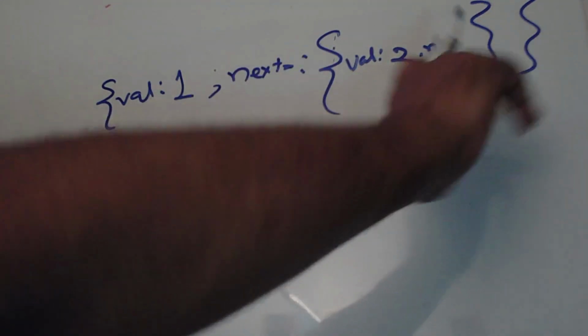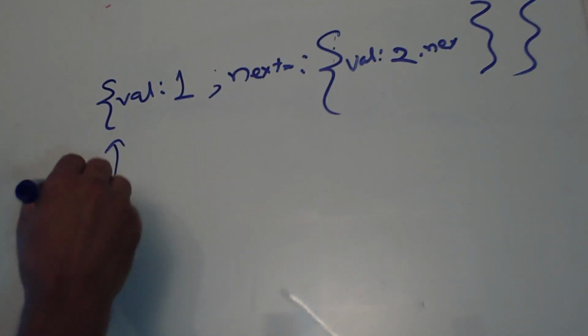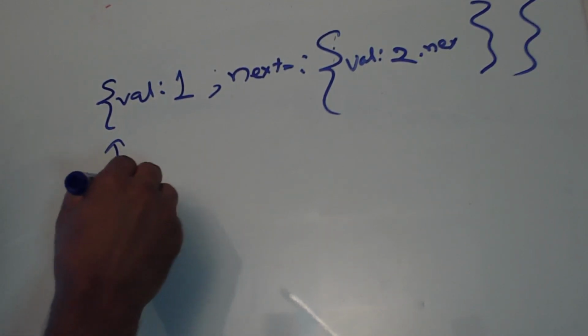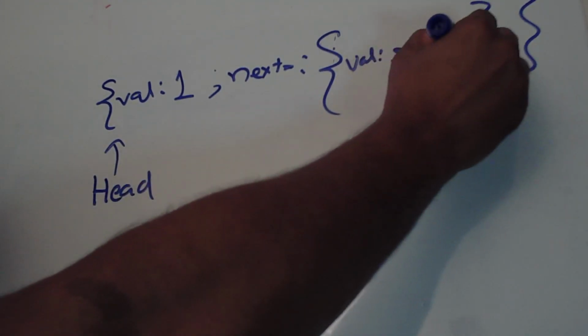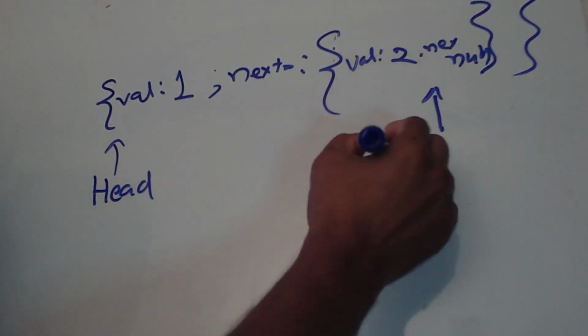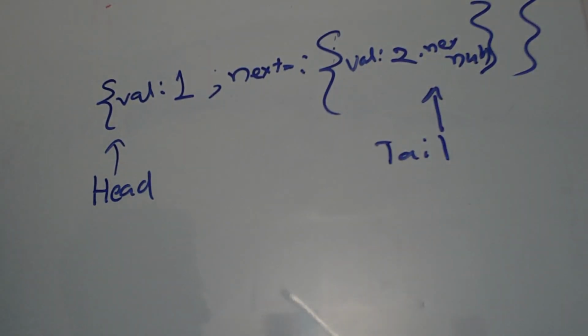Let's call the first node the head, and where we get next equals to null, that will be our tail. Okay, this is the common linked list structure.